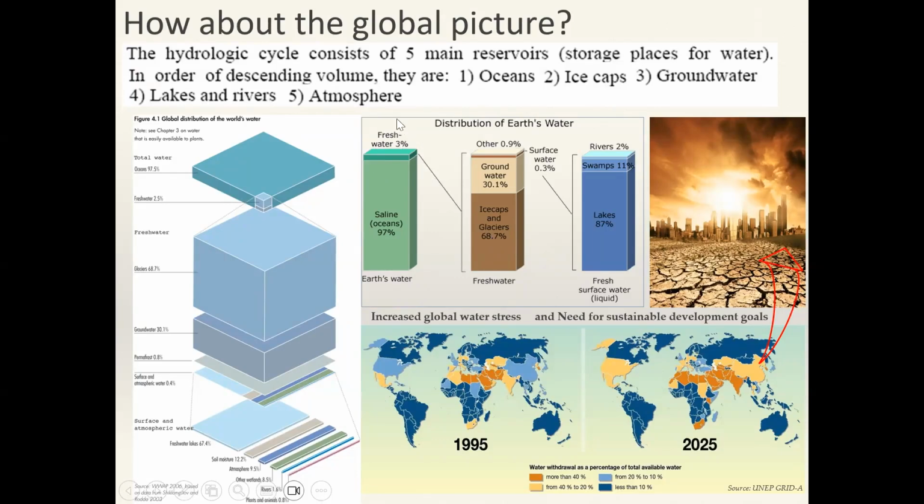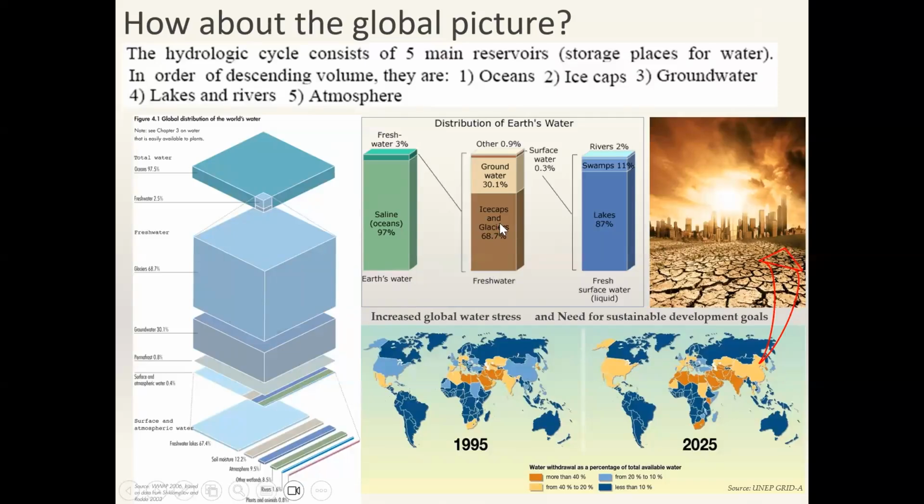Nearly 68% of that 3% is ice and glacier, which we can see in Antarctica, the Arctic, the Bolivian glacier, then the Alps region. This is where these ice caps and glaciers are located. Again, this water has a very high retention time.